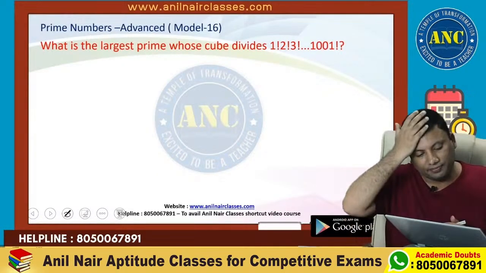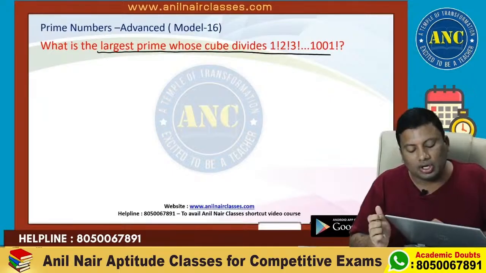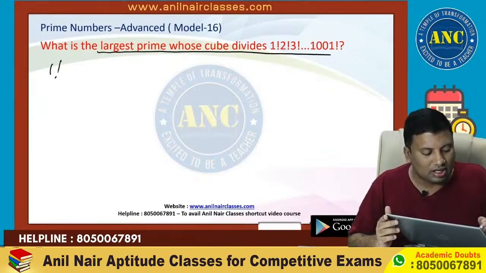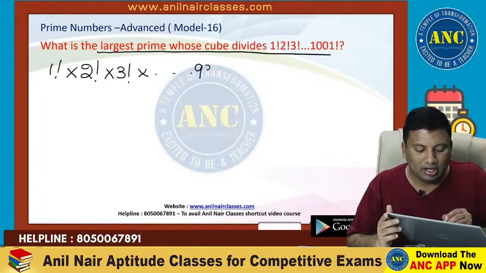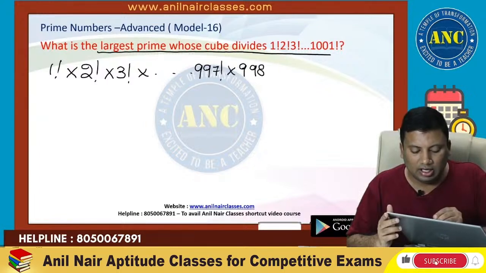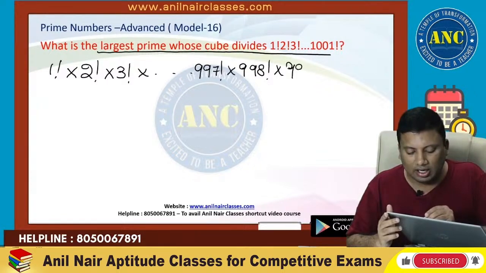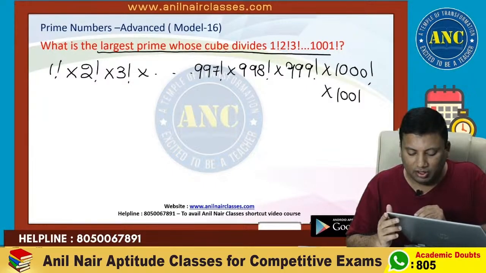Another good question. What is the largest prime number whose cube divides the product 1 factorial into 2 factorial into 3 factorial and so on, up to 997 factorial, 998 factorial, 999 factorial, 1000 factorial and 1001 factorial?